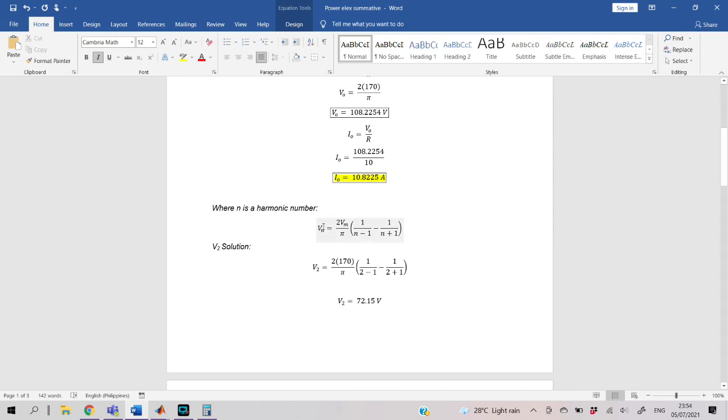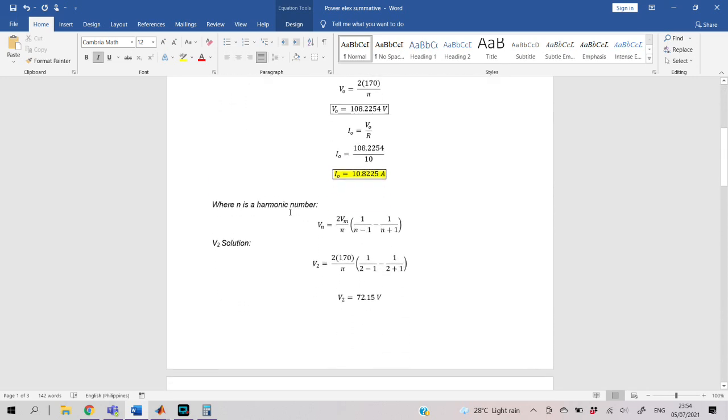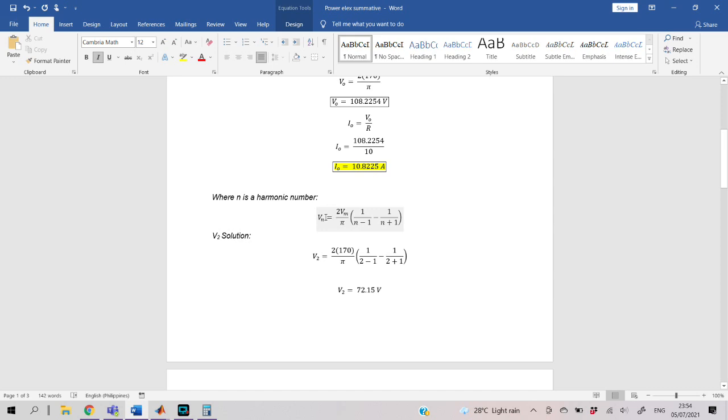Since we are dealing with a single-phase bridge rectifier, Vn is equal to 2 times the peak value over pi times the quantity of 1 over n minus 1 minus 1 over n plus 1.